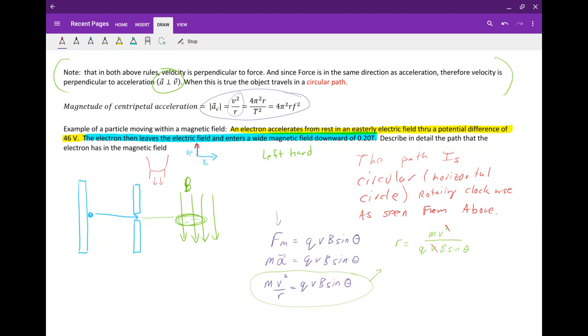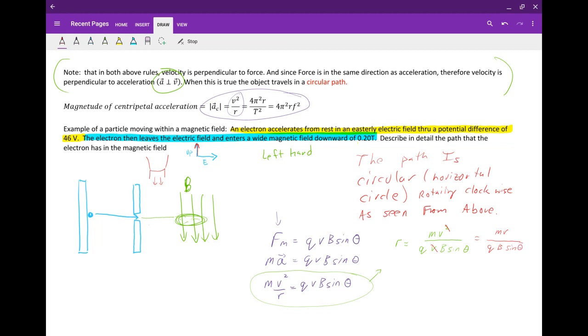And boom, there we have it. That's pretty spectacular. And so it turns out it's equal to the mass of the particle times its tangential velocity, divided by the charge of that particle, the strength of the field, and the sine of the angle.